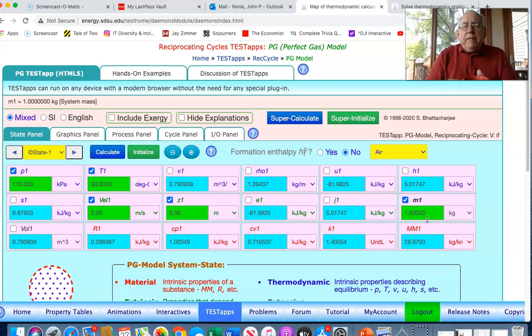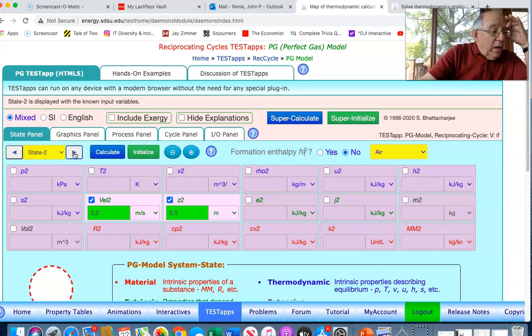By doing this, all of the works and heat transfers are going to come out in kilojoules. So when we get to the process panel where we're adding the heat, we'll be able to just put in a 3,000 kilojoule value since we have 1 kilogram of mass. And so here's our initial state.